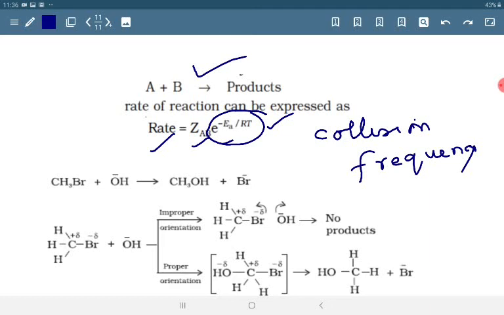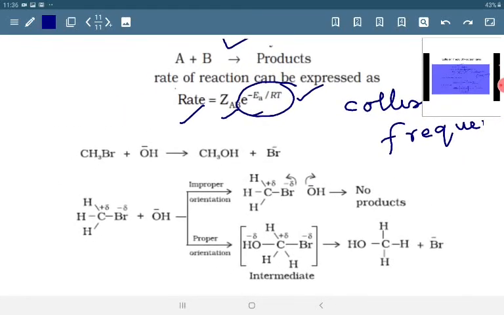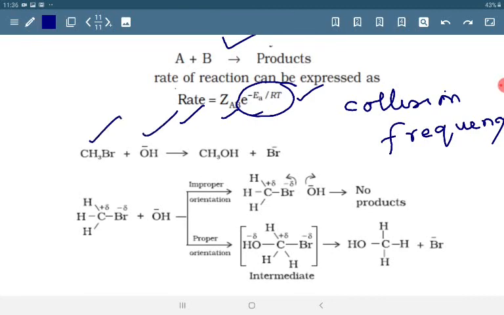That means for a collision to be effective, the colliding molecules must possess energy equal to or greater than threshold energy. The second very important factor is orientation factor, which we'll study with the help of this. Means there are two reactants, these two, and they must be oriented properly in space. Their directions must be such that the proper bond breaking and bond formation can occur.